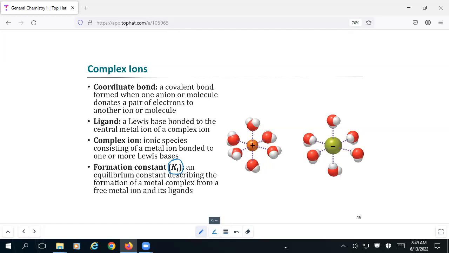That's because the formation values for the zinc complexes are extremely large. But the actual formation of these complexes is through a series of Lewis interactions.